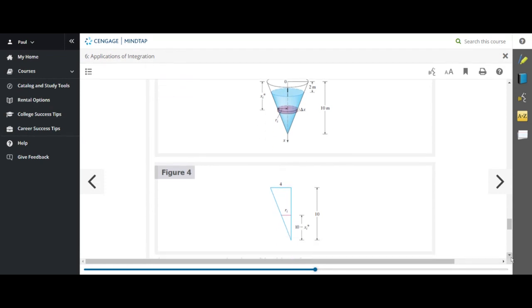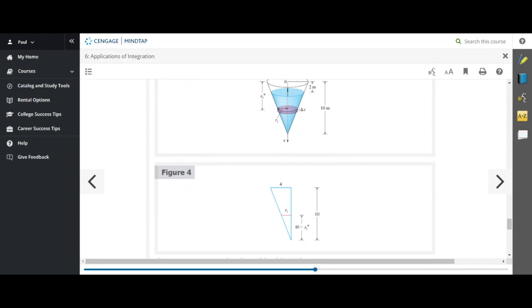They do that here in figure 4. There are two similar right triangles. The big right triangle has a height of 10 meters and radius of 4 meters. The little right triangle has a height of 10 minus xi meters and a radius r sub i.